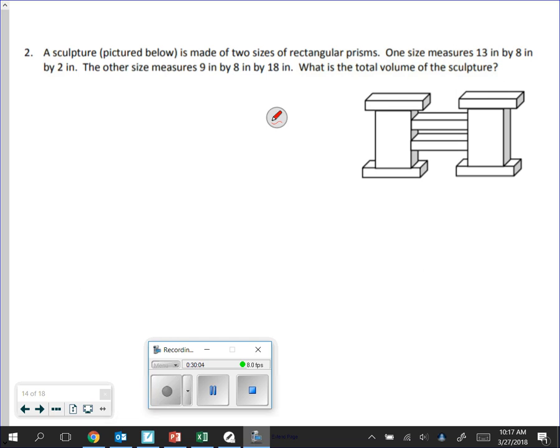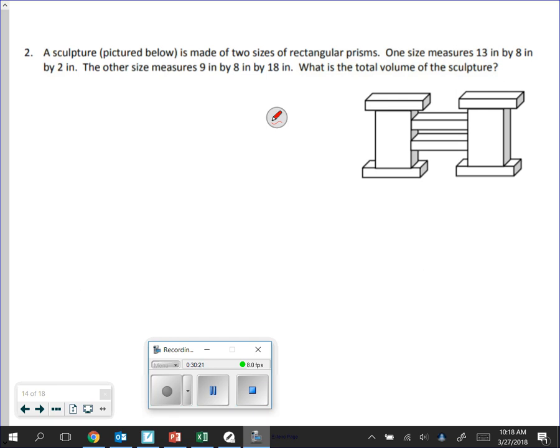Because there's one that has more shapes than the other, correct? So, which one do you think would be 13 by 8 by 2?